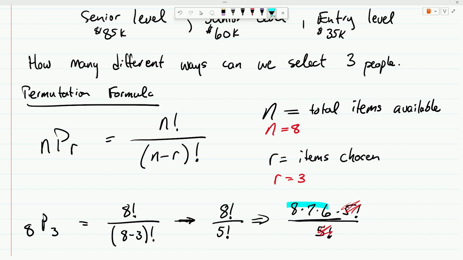Therefore, I'm only left with 8 times 7 times 6. And when you take 8 times 7 times 6, you get 336. So that's how we do this by hand.